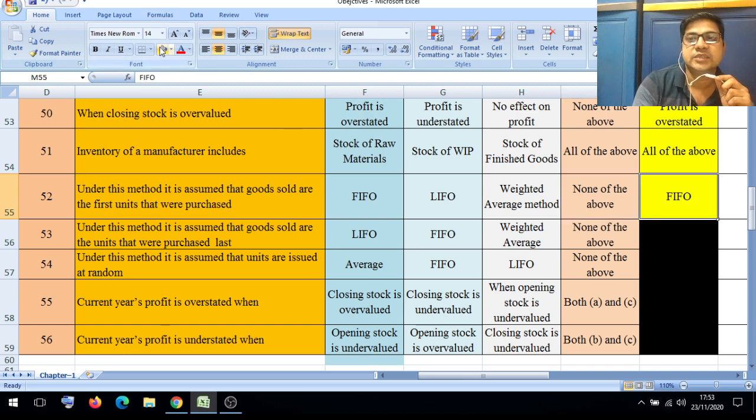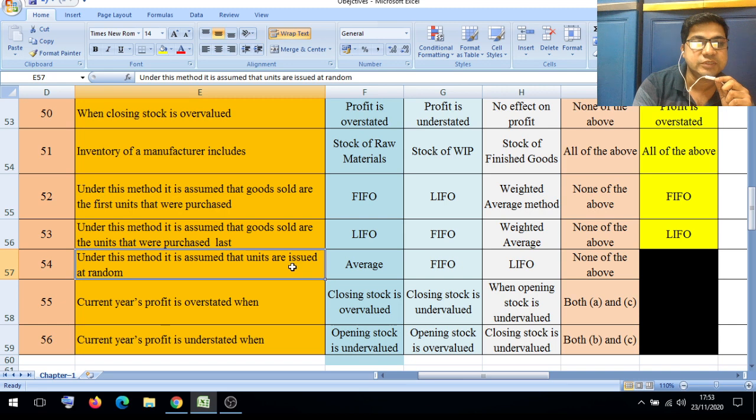Answer is FIFO. Under this method, it is assumed that the goods sold are the units that were purchased last: FIFO, LIFO, weighted average, none of the above. Answer is LIFO. Under this method, it is assumed that the units are issued at random: average, FIFO, LIFO, none of the above.